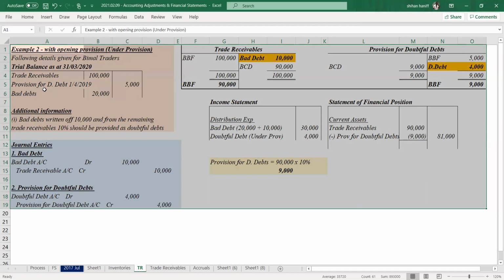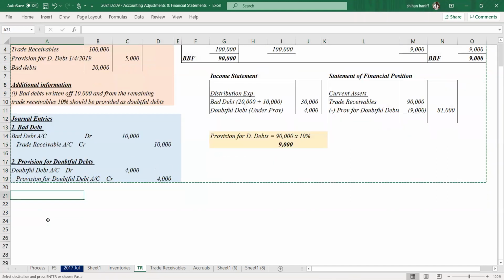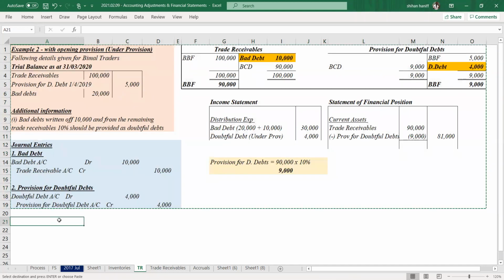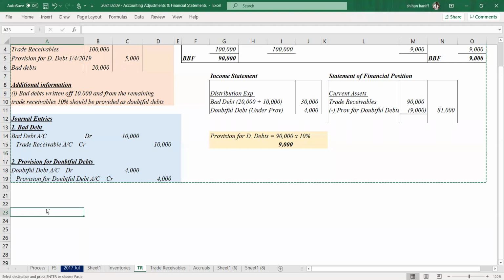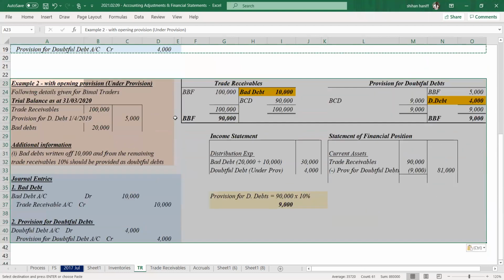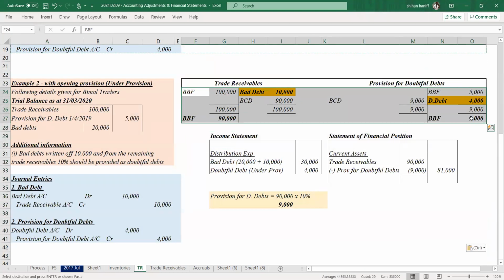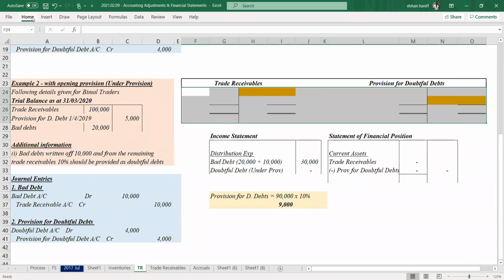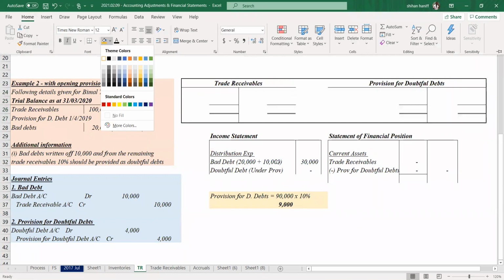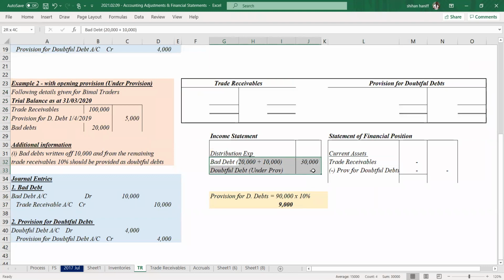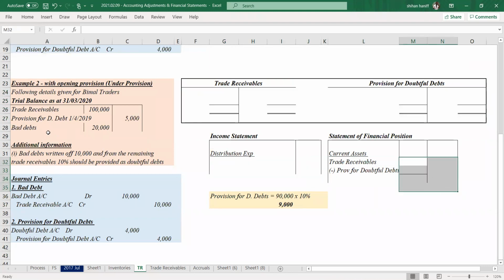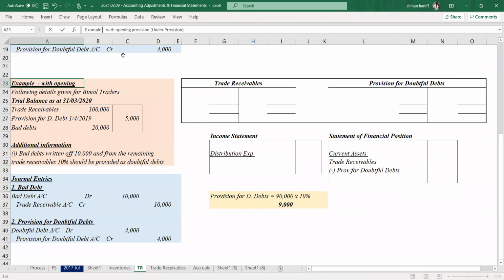So next question, I'm going to explain over provision. Let's take the same, but we make some changes. Example 3, with opening balance provision, but over.